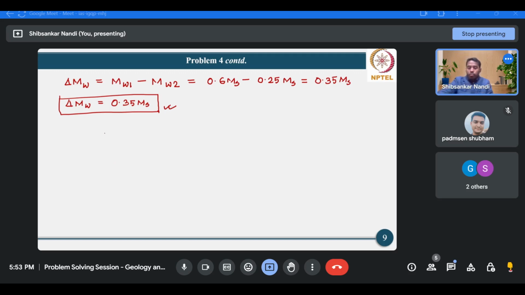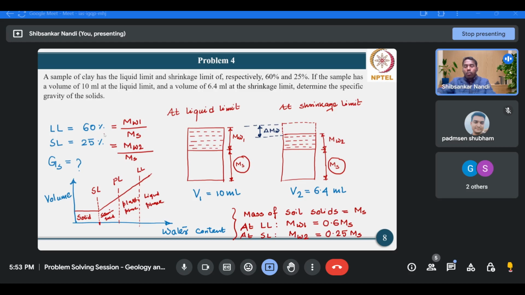Now we know another piece of information. At liquid limit the total volume was 10 ml, and at shrinkage limit the total volume reduced to 6.4 ml. So what is the change in total volume?